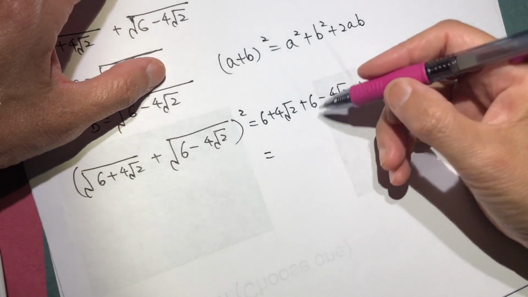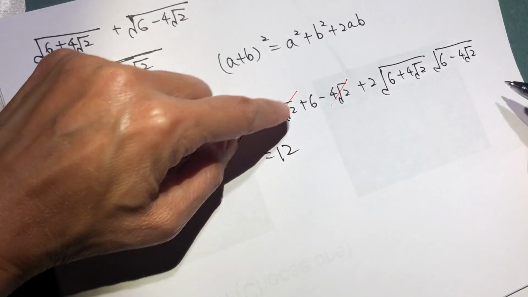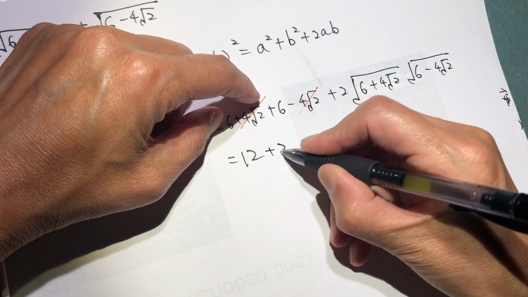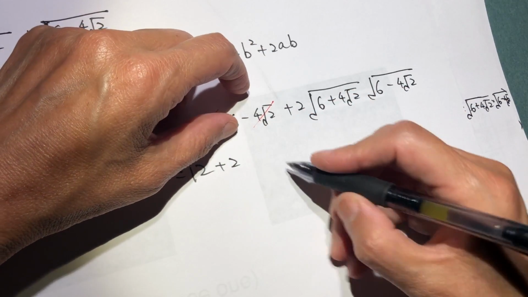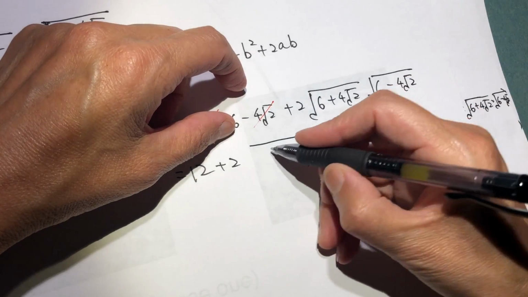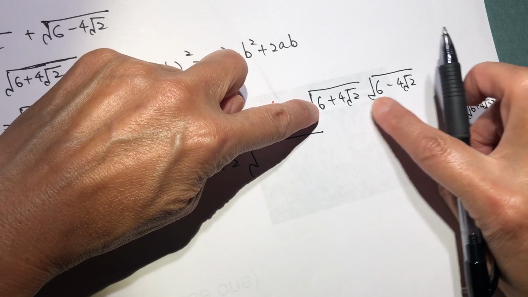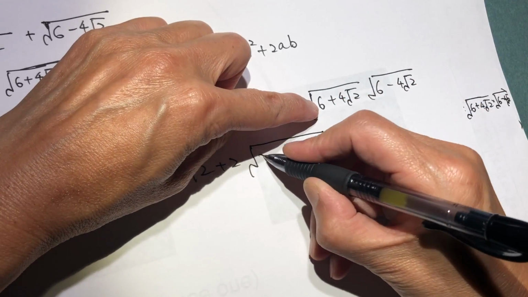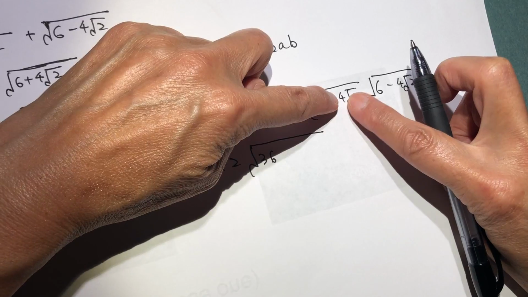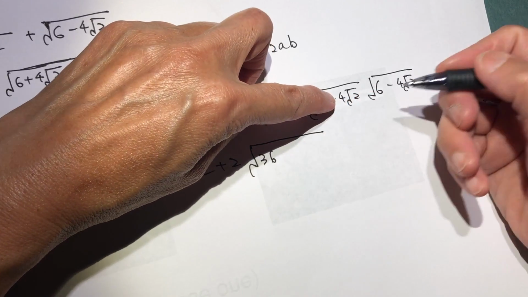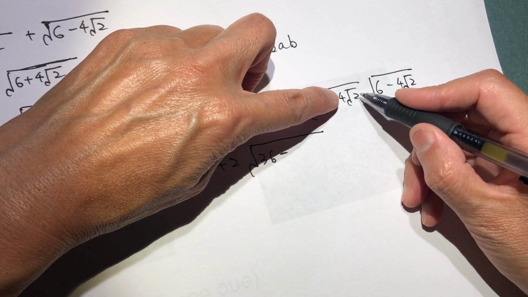We get 12, since 6 plus 6 is 12, plus 2 times the square root of 6 squared, 36, minus 4 squared times 2.